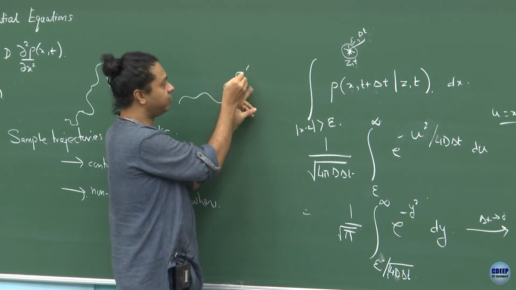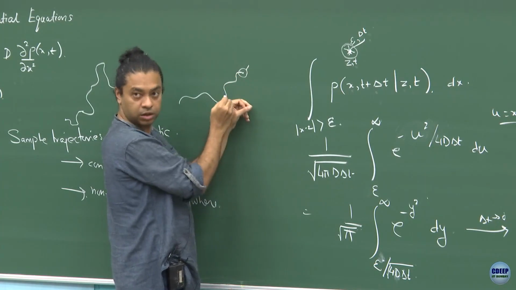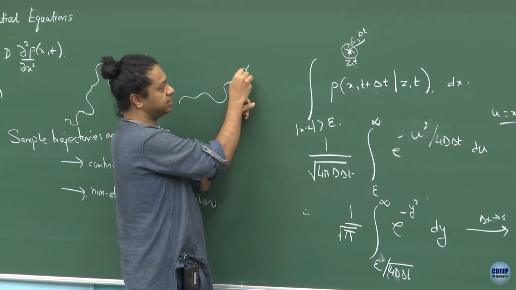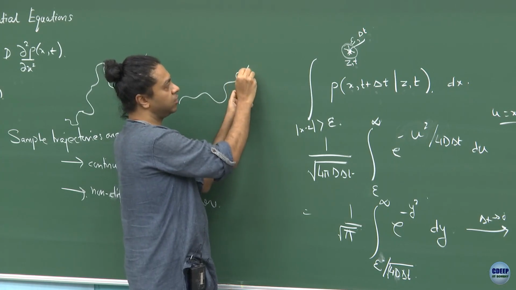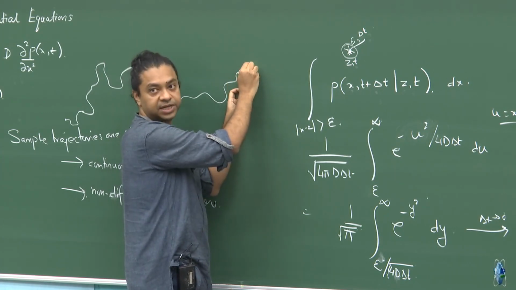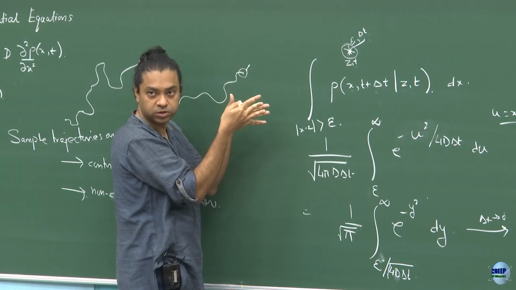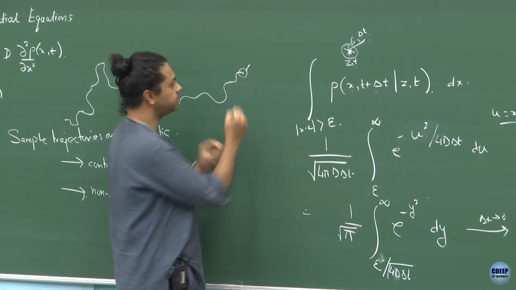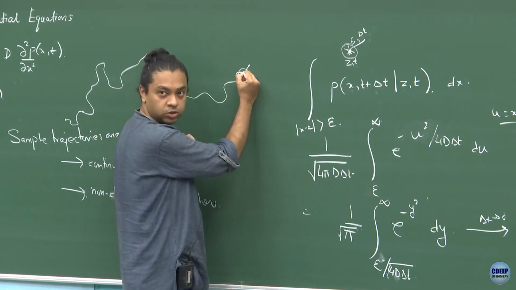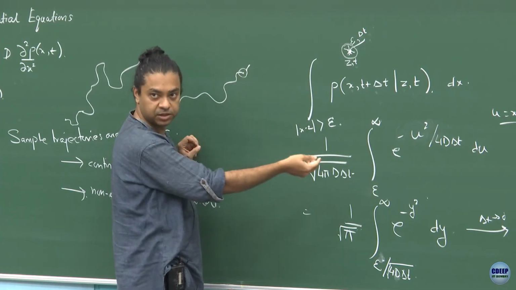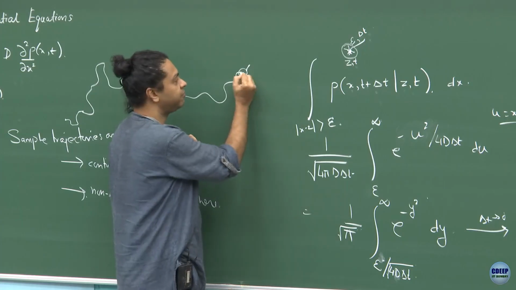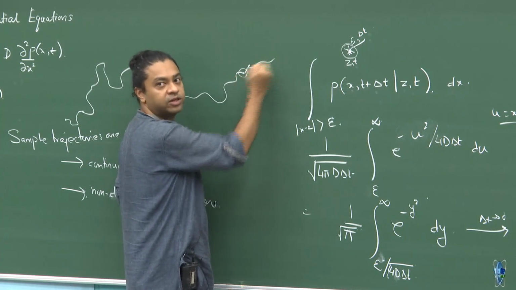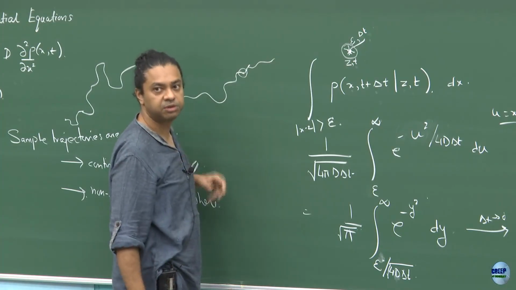So, I have defined this neighborhood, and I am asking, is there any probability that a path which comes here at z at time t goes to z plus epsilon at time t plus delta t in the limit that delta t goes to 0? And I say that no, that probability is 0, which means that it must be infinitesimally close to where it was at the previous instant of time, because it is independent of epsilon. And therefore, the trajectories must be continuous. They must be evolving continuously.